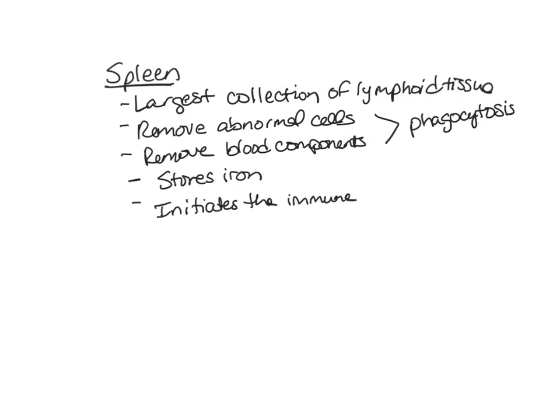So there's a lot of B cells and T cells in the spleen. And when the spleen becomes notified of an infection or invading pathogens in the body, the spleen will be the location where T cells and B cells become activated against that specific pathogen.